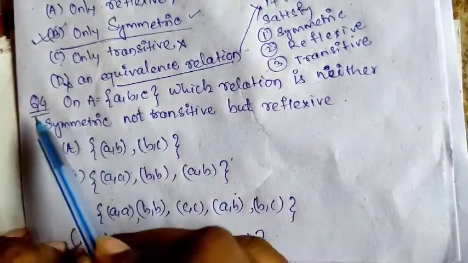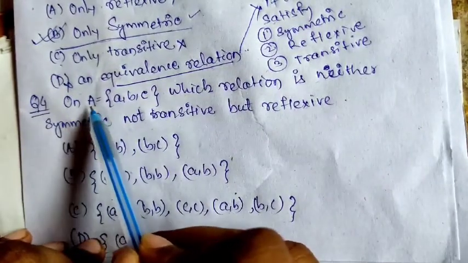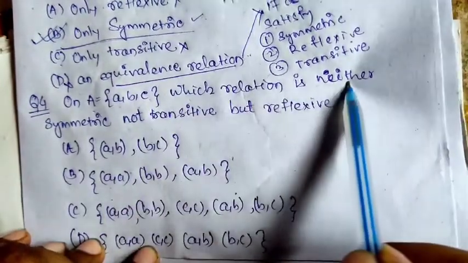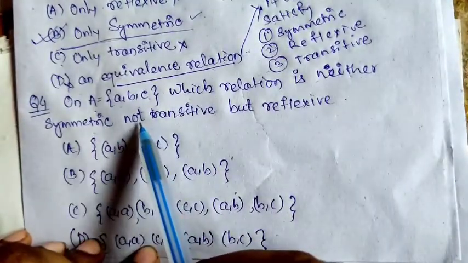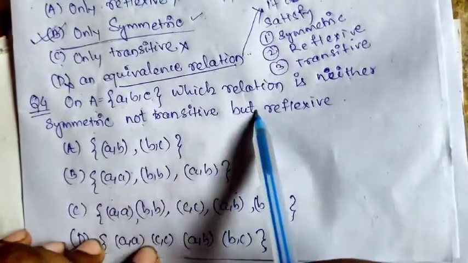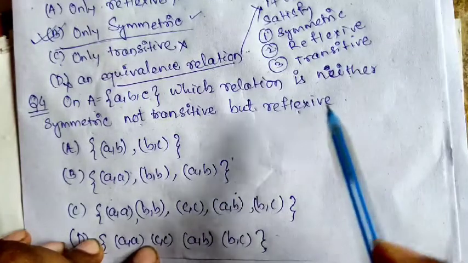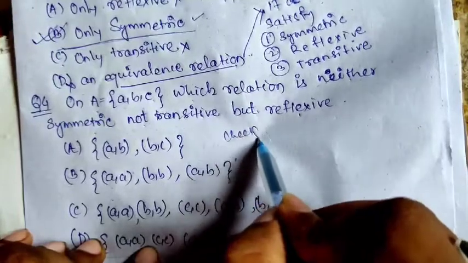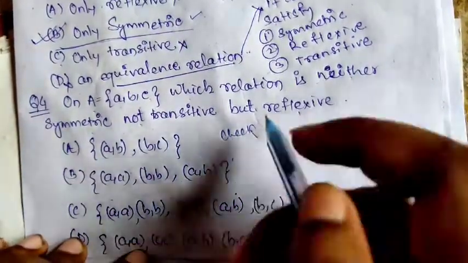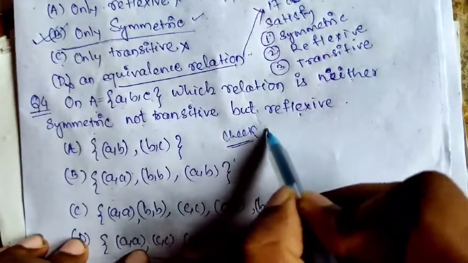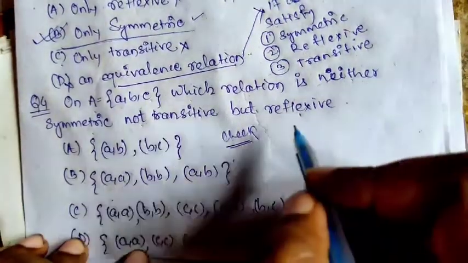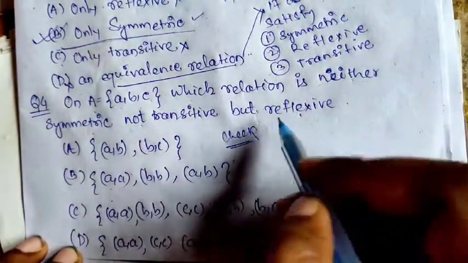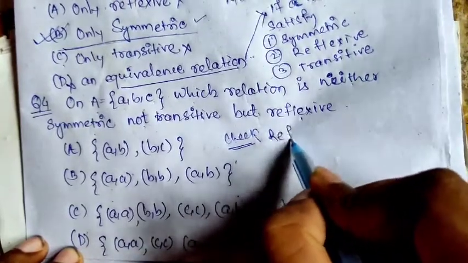Now come to question number 4, which says: on a set A having elements a, b, c, which relation is neither symmetric nor transitive but reflexive. It means we have to check which of the 4 options is reflexive.